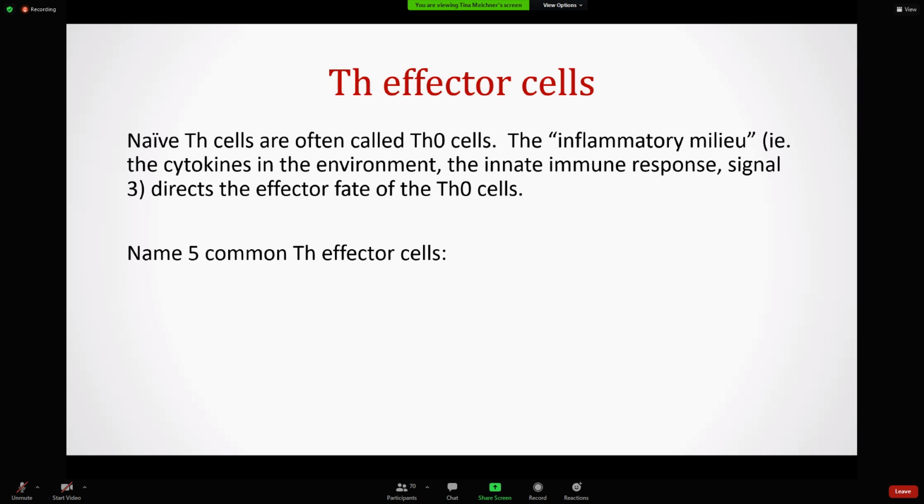You remember some different types of T helper cells? They first start in a very logical order, and then they kind of get out of order. One is T helper cell 1. So what's the other one? Yeah, very good. And then there are T helper cells that we call T helper cell 17.